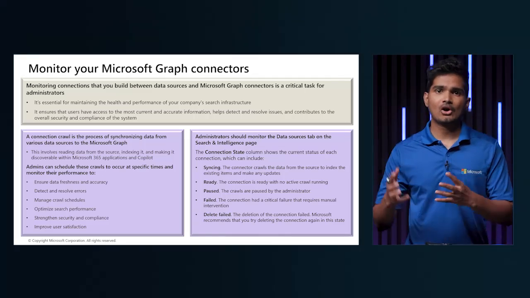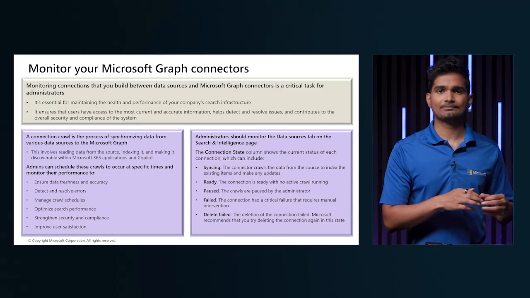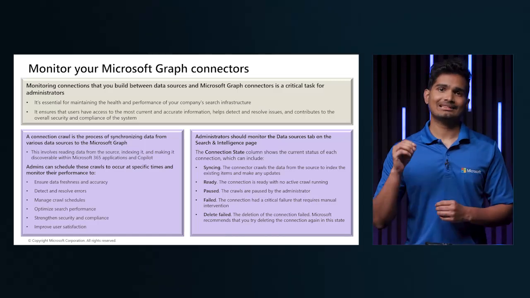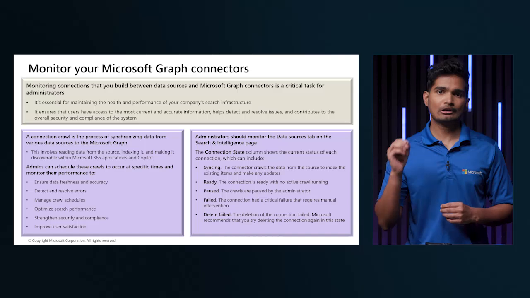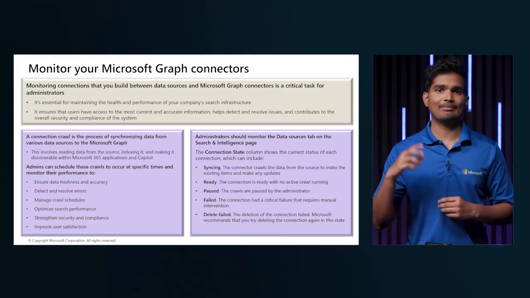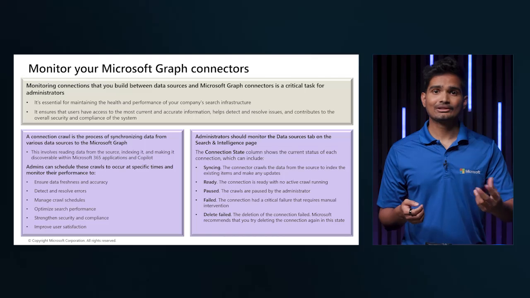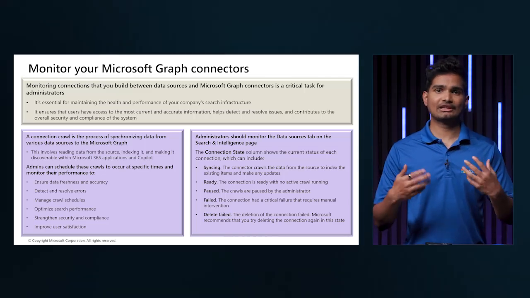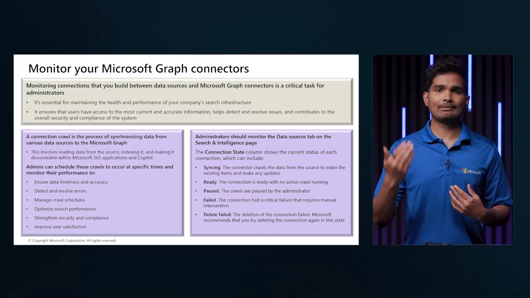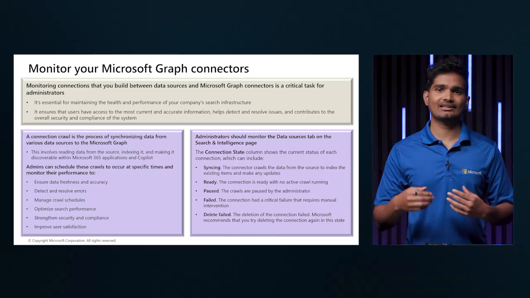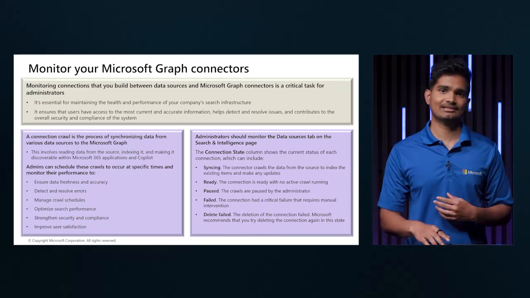The crawls are paused by the administrator. Failed. The connection encountered a critical failure that requires manual intervention. And then delete failed. The deletion of the connection failed. Microsoft recommends trying to delete the connection again in this state.